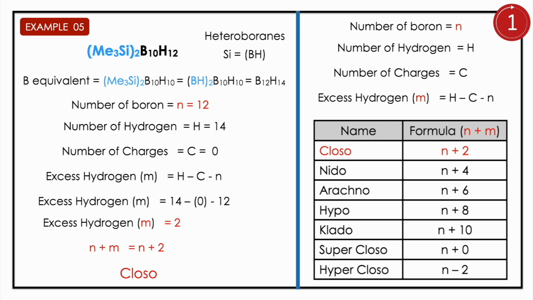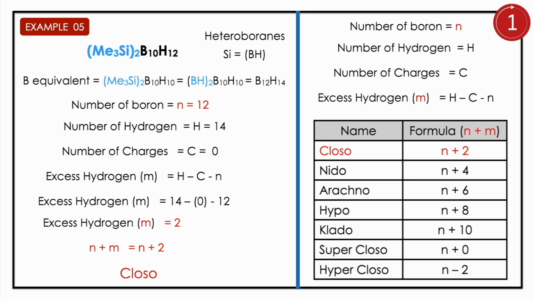Boron equivalent for silicon is BH. So we substitute BH for Si. Methyl is given for valency. We don't consider methyl. For silicon we write BH. So the compound is (BH)2B10H10. If you write clearly, it is B12H14.